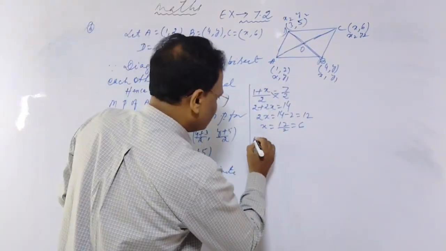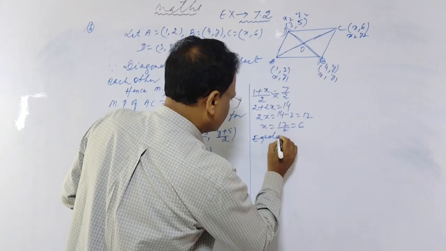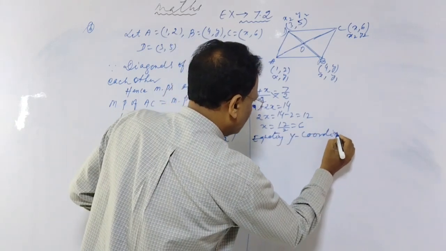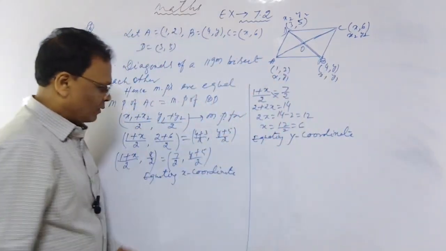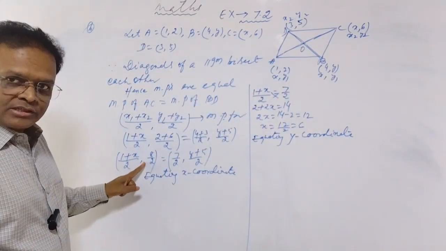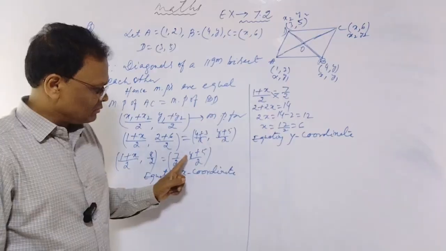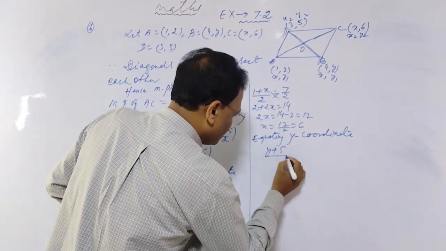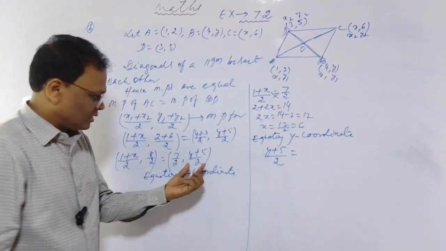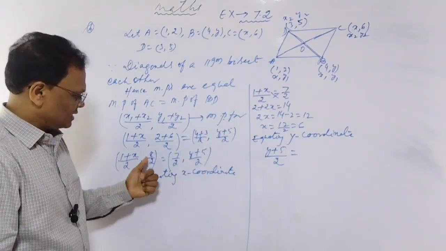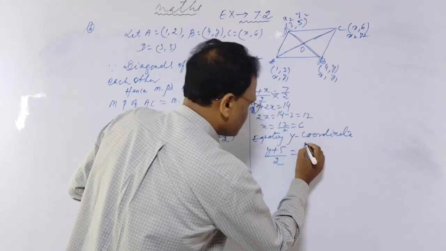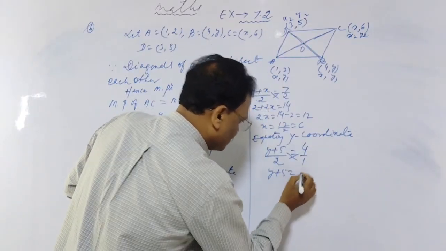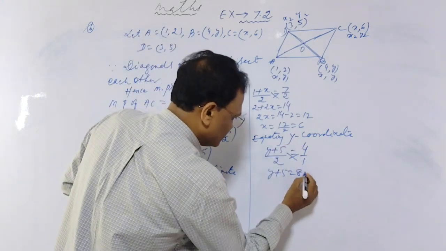Similarly, if I equate the y coordinates, this side is 8 by 2, which is nothing but 4, and this is (y plus 5) by 2. So (y plus 5) divided by 2 will definitely equal 4. Again do the same thing. y plus 5 is equal to 8.